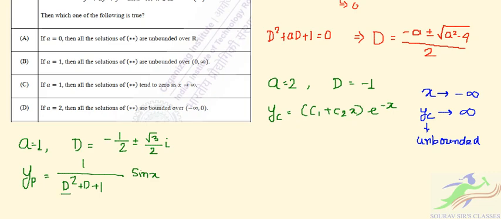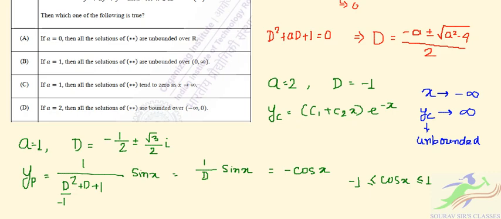If we consider D squared as minus 1, it will be 0, so since only sin x is there, it can be written as 1 by D sin x. So the integral of sin x is minus cos x. Now we know that the maximum value and the minimum value of cos x range between minus 1 and plus 1, right?